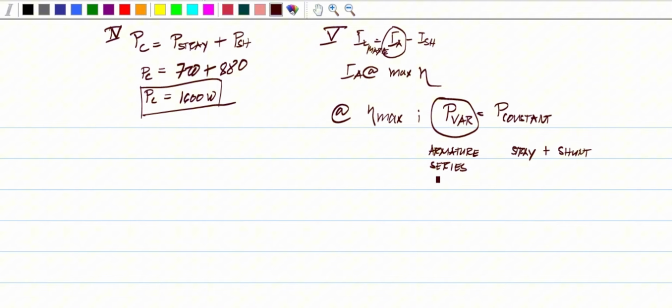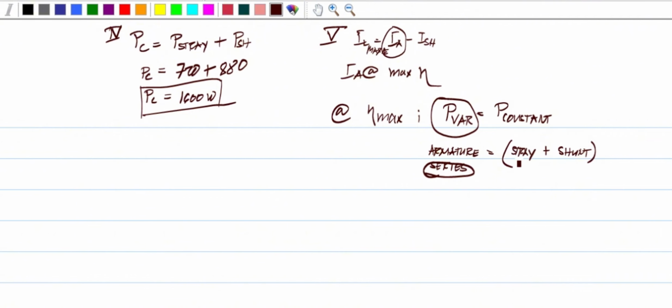In this problem, there is no series field winding. Therefore, P variable is the armature loss. Therefore, armature loss is equal to stray loss plus shunt loss.